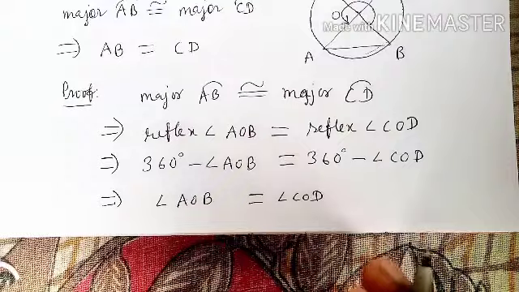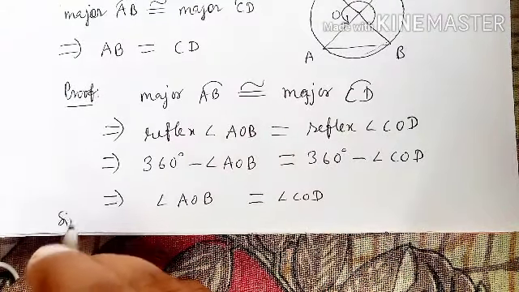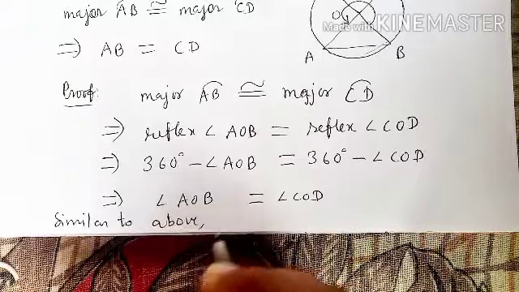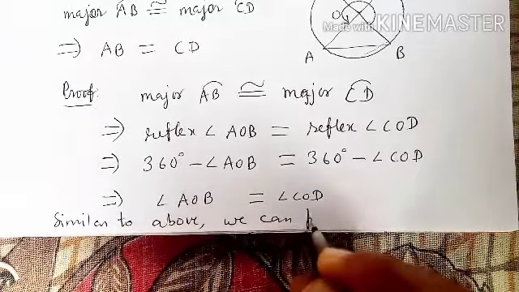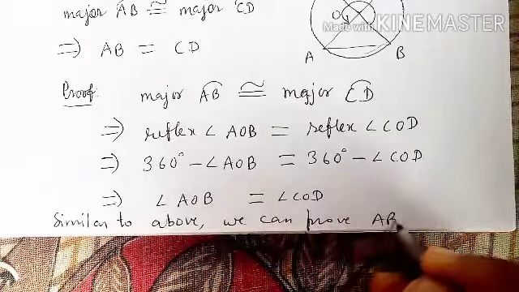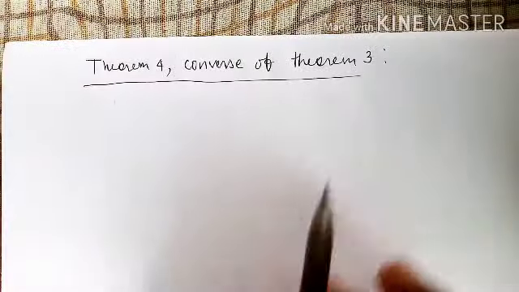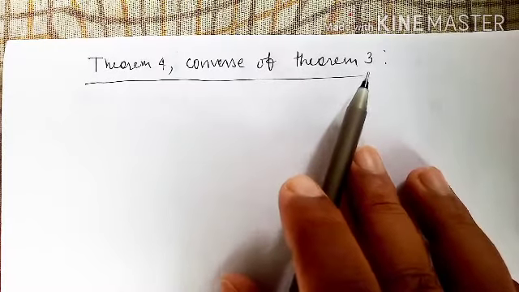Now, similar to above, we can prove AB is equal to CD. Now theorem 4, the converse of theorem 3.